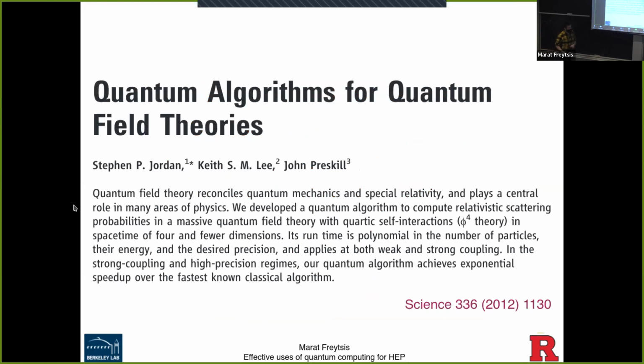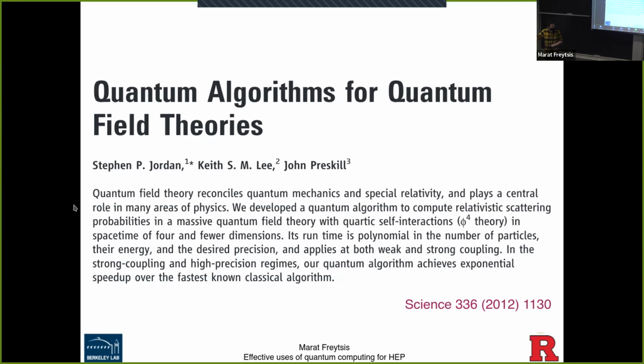Some of the first steps were already taken in a pioneering paper 10 years ago by Stephen Jordan, Keith Lee, and John Preskill, where they wrote down the basic guts of the algorithms you would need to write the simulation of scalar field theories in the language of quantum circuits: how you would decompose things into basic unitary gates, how you would write down a field creation operator, how you would evolve the Hamiltonian, at least in broad details.